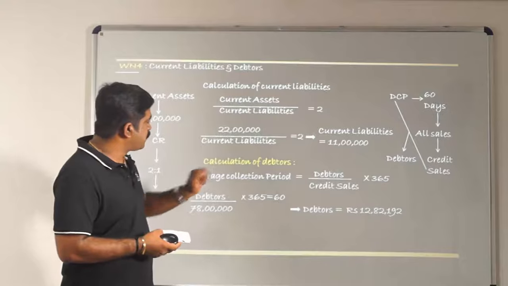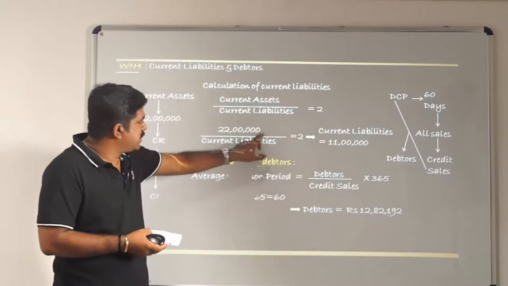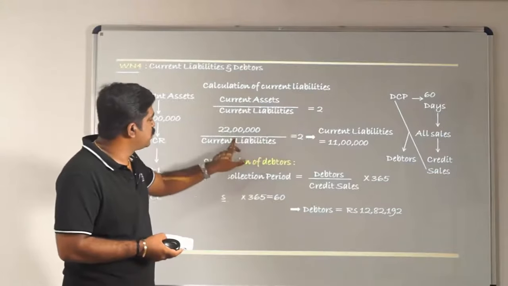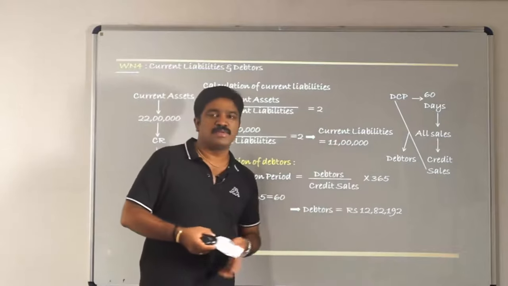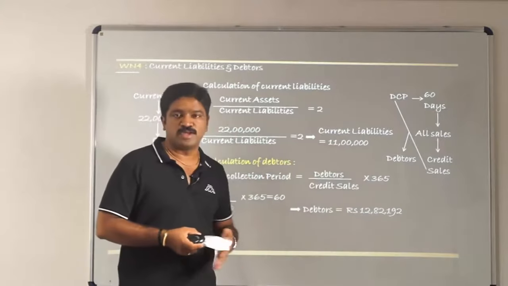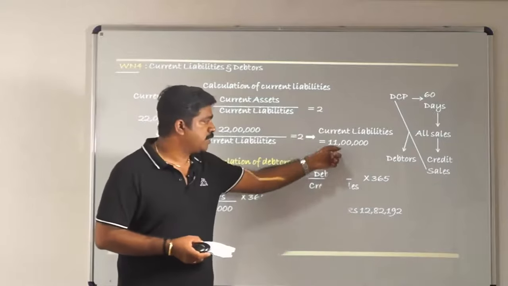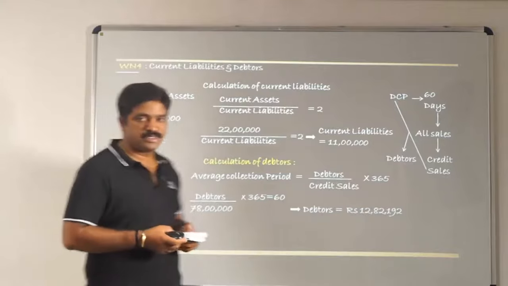If I bring this 2 to the left hand side, it comes to the denominator. 22 lakhs divided by 2 is equal to current liability. So current liability is 11 lakhs, or 1,100,000, right? So I have current liabilities with me, that is done with.